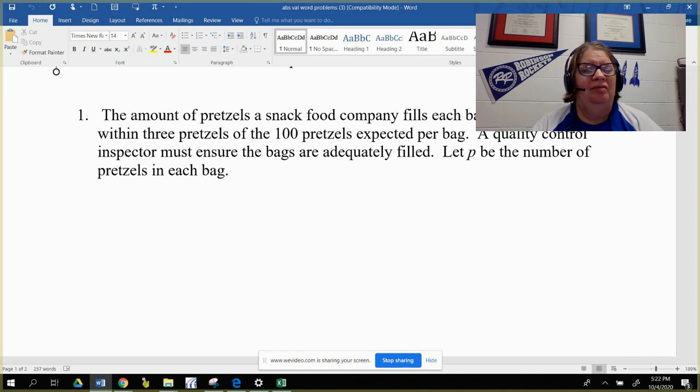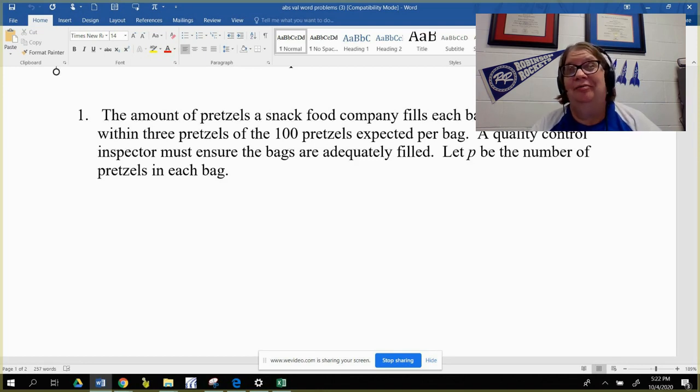If you get 98, you might be all right with that. Or if you get 102, you got a bonus, right? If you're the company that's manufacturing these pretzels, if you're charging based on 100 pretzels and your machine is putting in 120 or 150 or 200, then you're going to lose money.